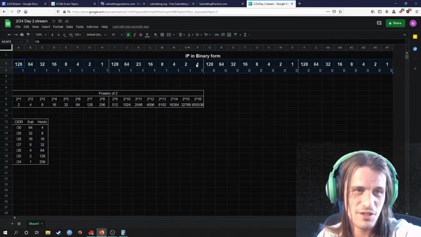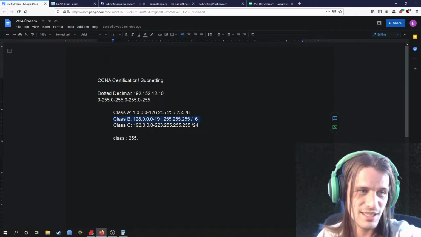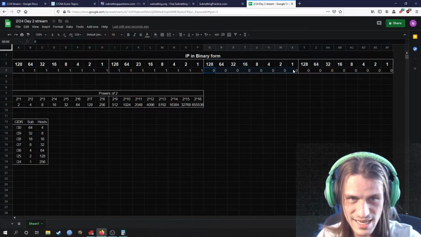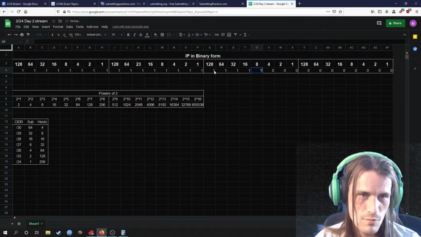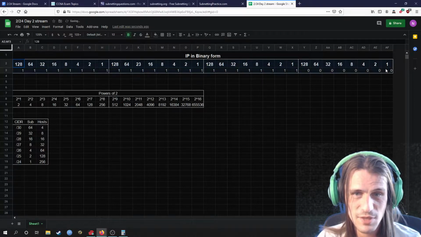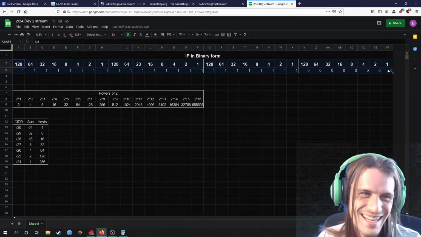The first 16 are in the on position, the last 16 are in the off position. Look again, class C is a /24. Clearly, we're just going to add the next 8 into the on position. This is a default subnet mask for a class C network.